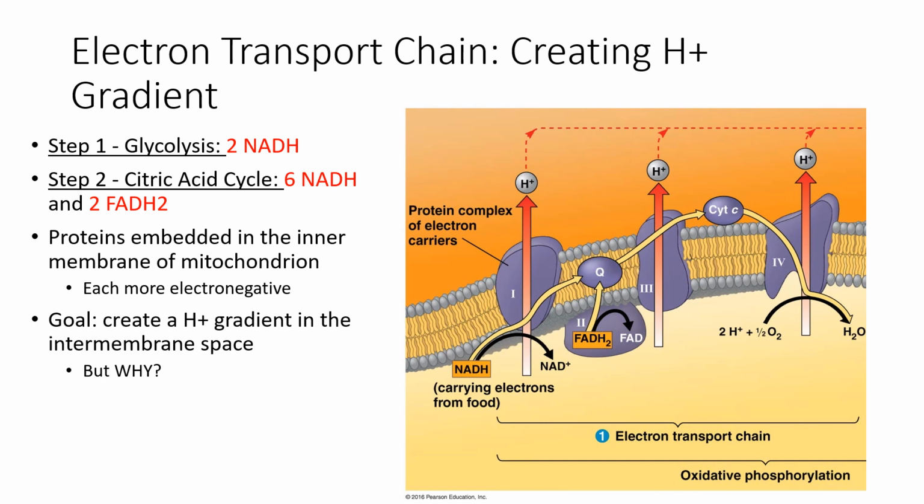So what's going to happen is that, remember, we have in total 8 NADH and 2 FADH2 electron carriers that are carrying electrons. And they're going to come up to this electron transport chain and enter into the chain at various molecules.